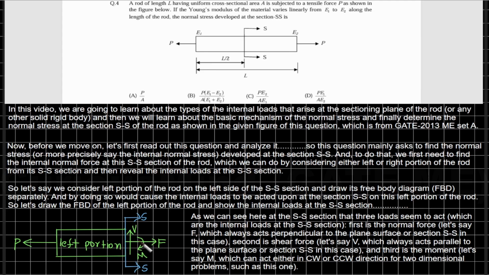So when this internal force F, which is a normal force because it acts perpendicular to the section SS, generates in the rightward direction, this force F causes the internal fibers of the left portion of the rod to exert the same force F at the SS section, and that resistive force F that those internal fibers exert on the SS section induces the corresponding normal stress inside this left portion of the rod, which acts at this SS section.